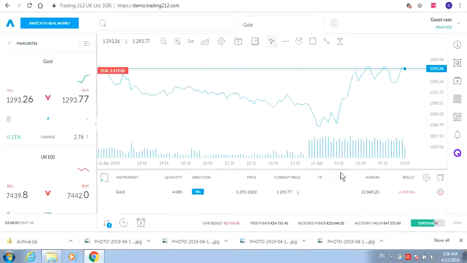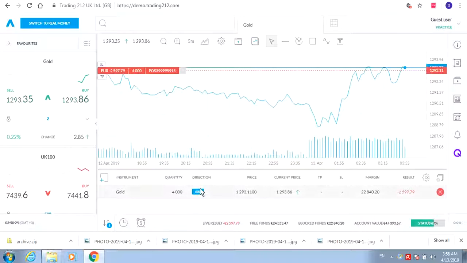And here under this order we can set a stop loss or take profit. Here we can see the current price, and here the price at which our order was executed, and here is the direction, which is a short position, and here is the quantity, which is 4,000 ounces, and the instrument is gold.